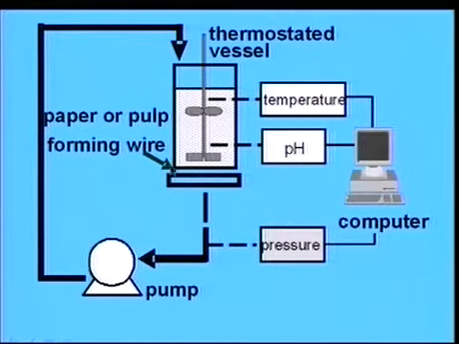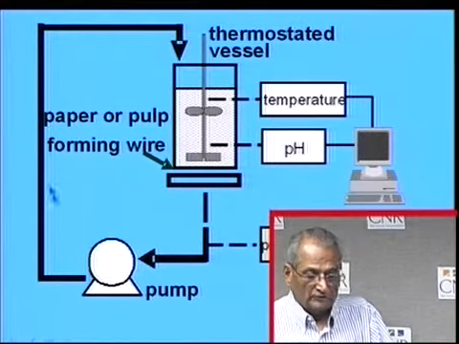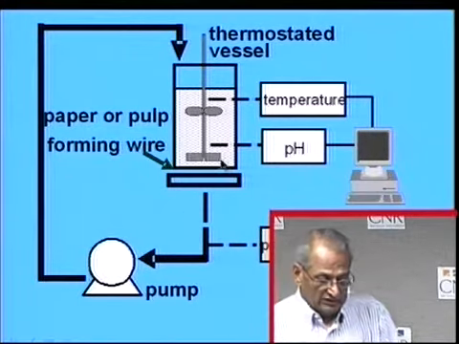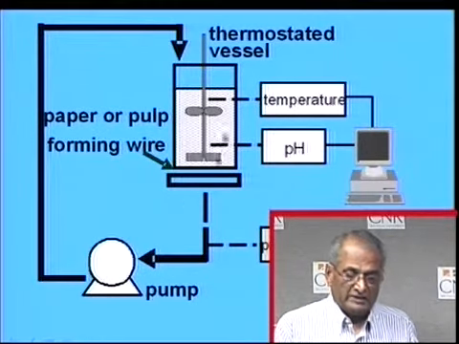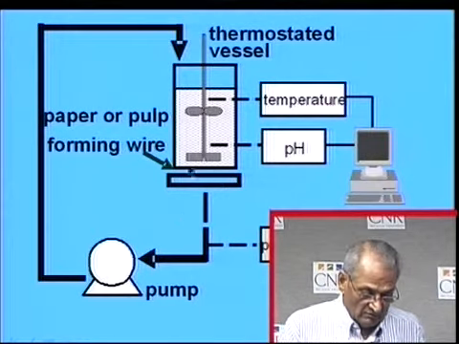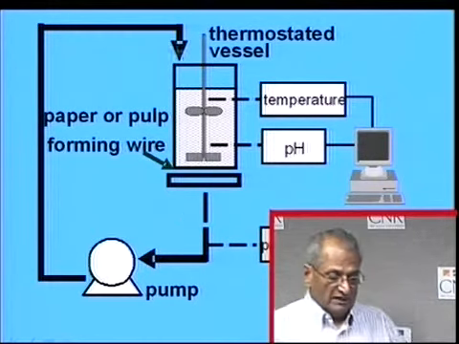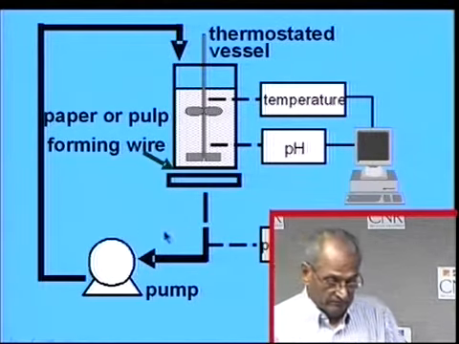Eventually more and more stickies will deposit on the forming wire, and you will need higher pressure drop for the same flow of filtrate through the bridge jar. And so in this method, using the computer, we measure the pressure drop as a function of time through this forming wire while having the same volumetric flow through the system.